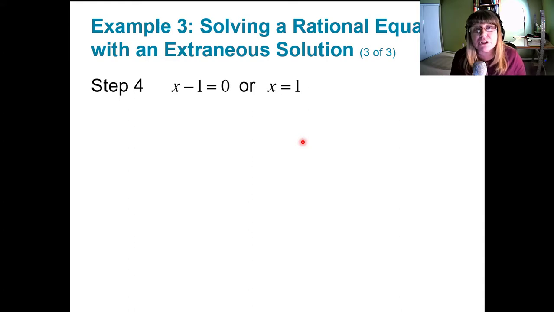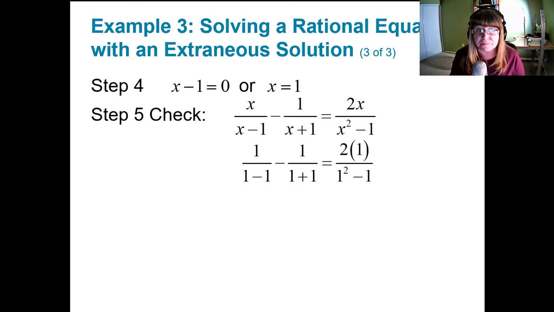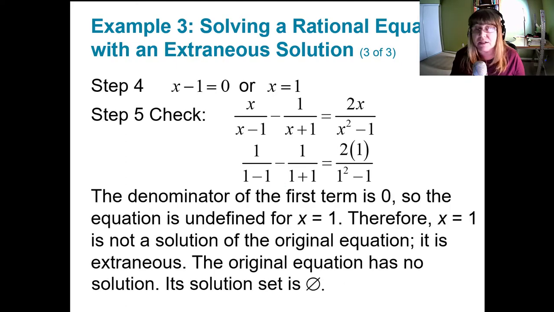But it's not our solution because our domain does not include this value. It is what's called an extraneous solution. If you throw it in there, you're going to get a denominator of 0, and that's undefined. And therefore, the real solution is the empty set. There is no solution to this problem, at least not in the real numbers.